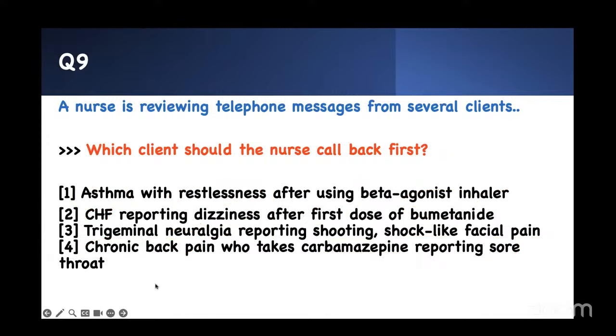Asthma, restlessness because I gave you a beta agonist. CHF, you have dizziness after the first dose of bumetanide. Trigeminal neuralgia, you have shooting, shock-like facial pain, you're taking carbamazepine, and you report a sore throat. If you have one second, who do you want to see? If this is the first question you see on the NCLEX or the APN exams, what do you think?